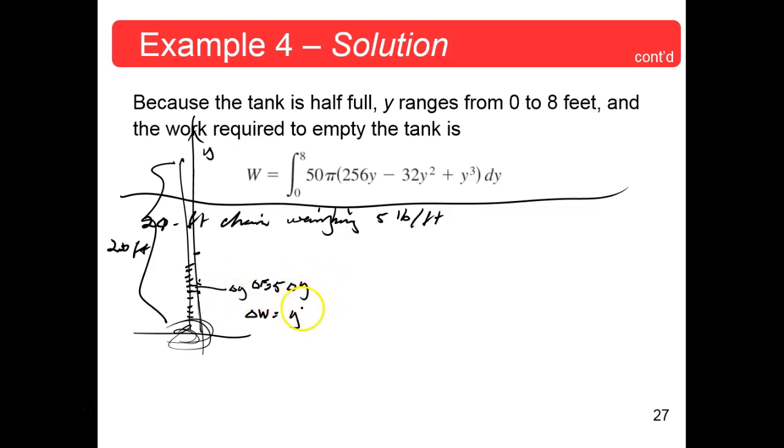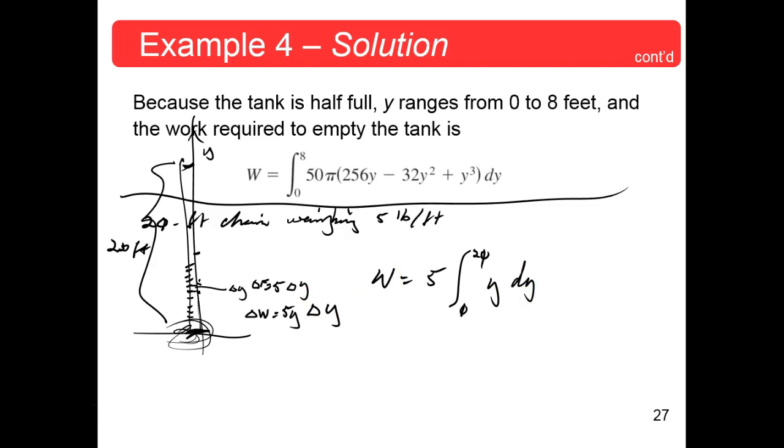So it would be y times 5 delta y. That would be the incremental work. And you're going from y equals 0 up to 20 feet. So that's your integral. The total work would be 5, taking the 5 on the outside, times the integral from 0 to 20 of y dy. The delta ultimately goes to a dy.